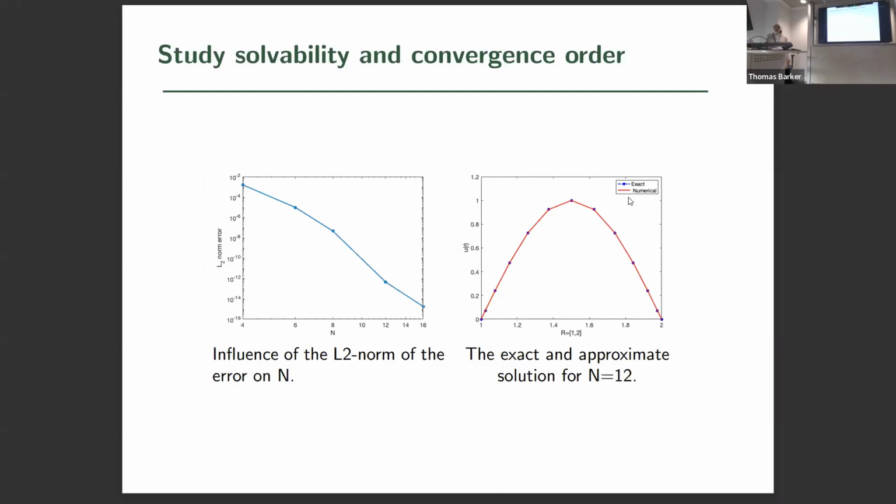I calculated the L2 norm error, and as shown in the first plot, there is an influence of N on the L2 error, and we have a good agreement between the exact and approximate solution for N equal to 12.